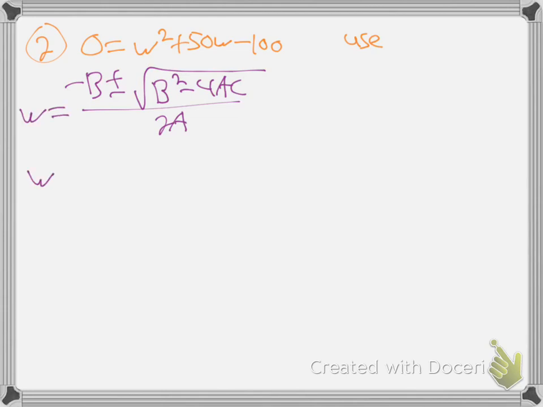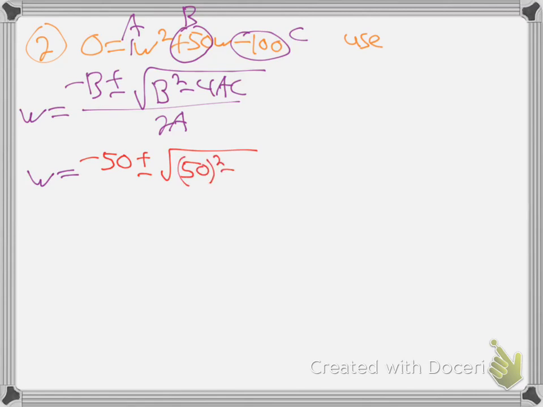That's what W will equal. So a is 1, b is 50, c is minus 100. Negative b, so negative 50 plus or minus the square root of b squared minus 4 times a times c, all over 2a.